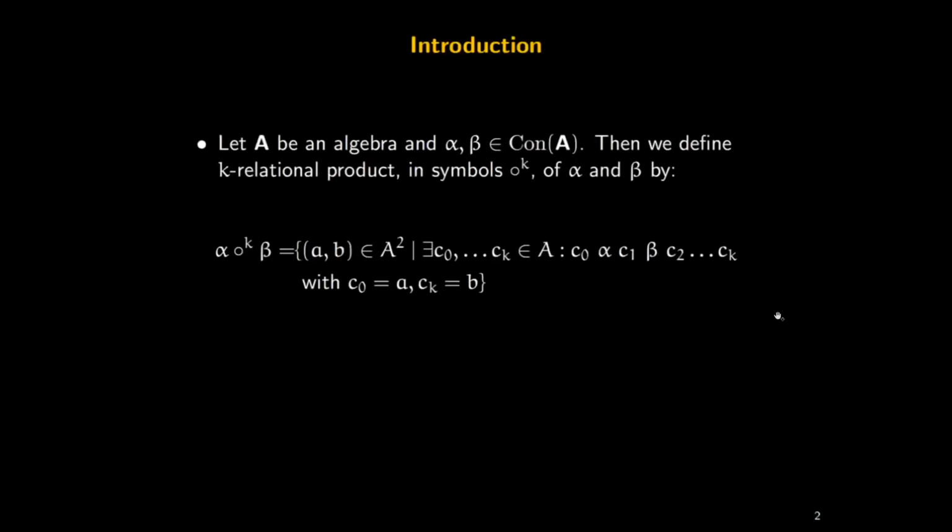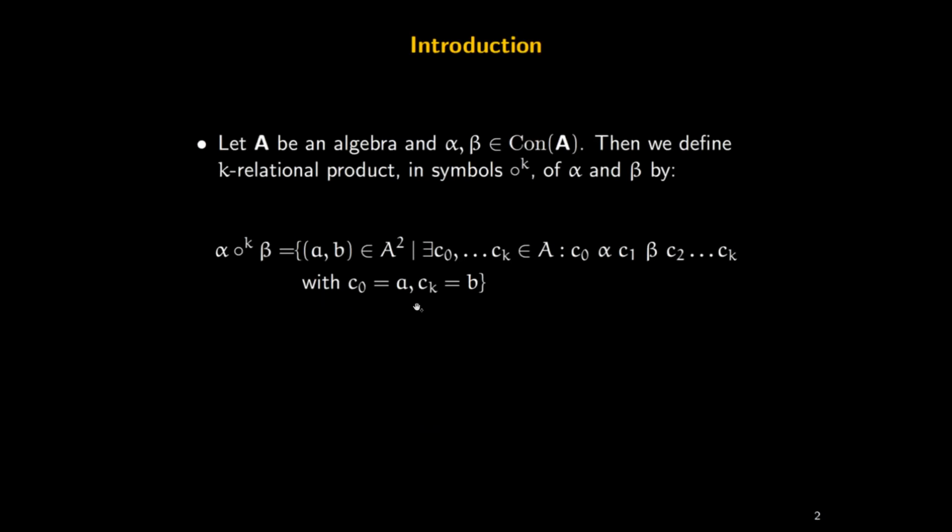So let's go further. A little bit of notation and definitions, just to start. Of course, we will consider algebras and congruences of an algebra. In particular, we need the concept of relational product, and in general of k-fold relational product. That is the relation defined in this way.